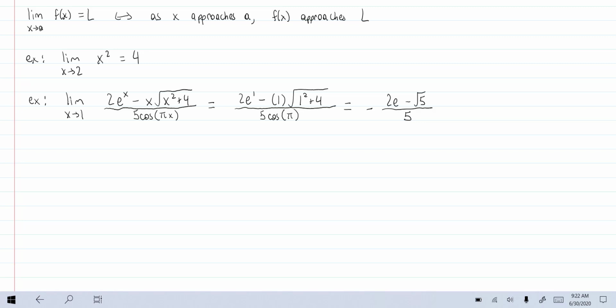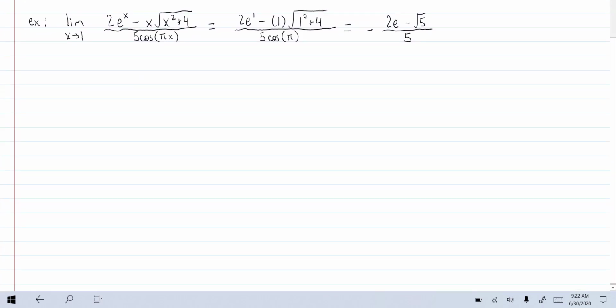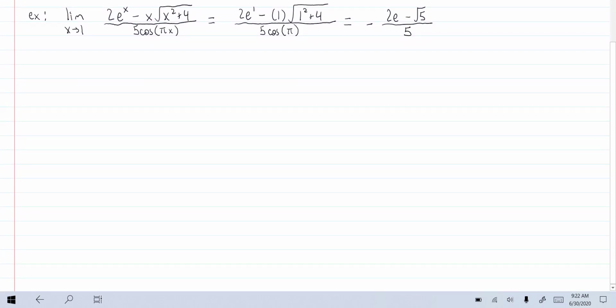So let's take a look at a more complicated example. So I'm going to do the limit as x approaches 0 of 1 over x squared.